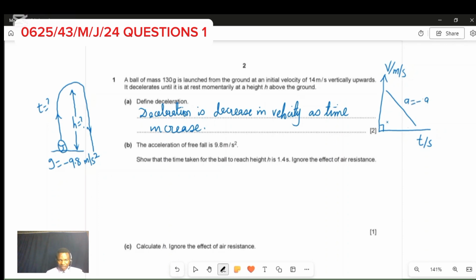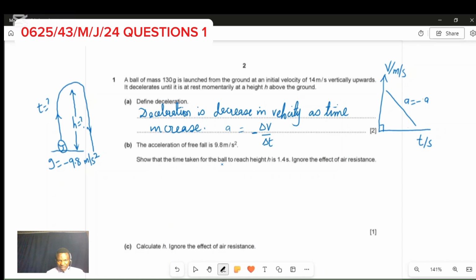So it's a negative a. We say deceleration is also a negative acceleration, and a is equal to delta v over delta t, and it has a negative value. Acceleration of free fall is 9.8.